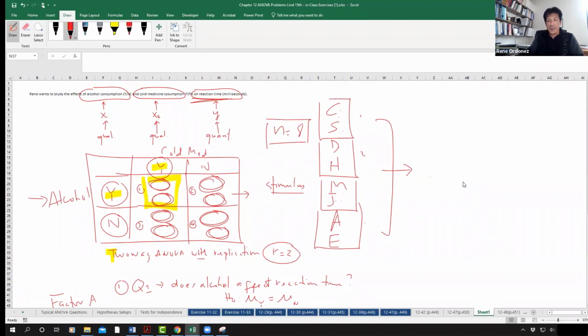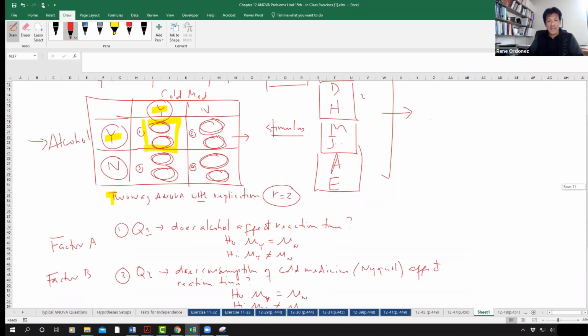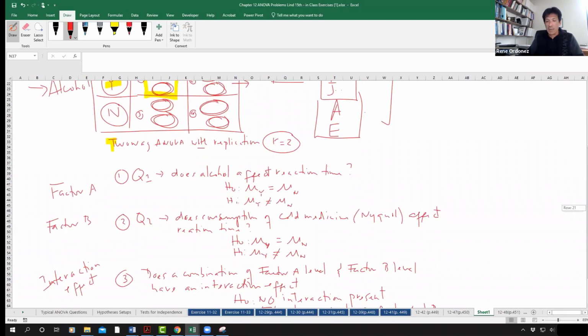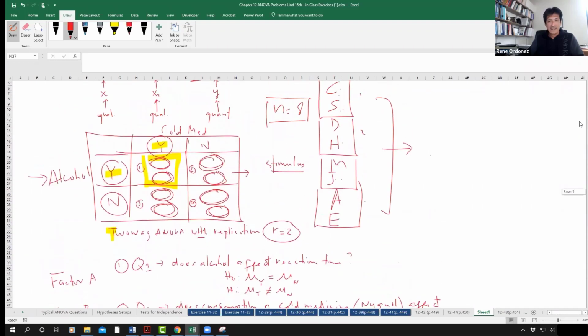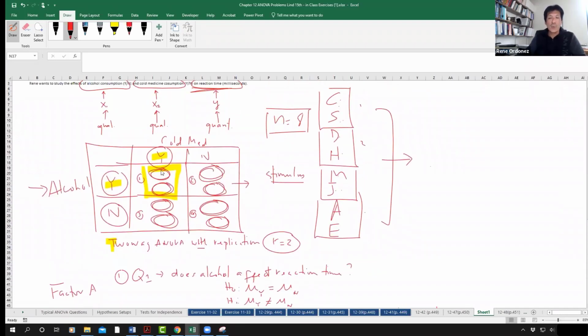All right. So how does that interaction effect play into this example? What do you think will be the effect on reaction time for these two students here, who consumed both alcohol and cold medicine? It'll be even slower.